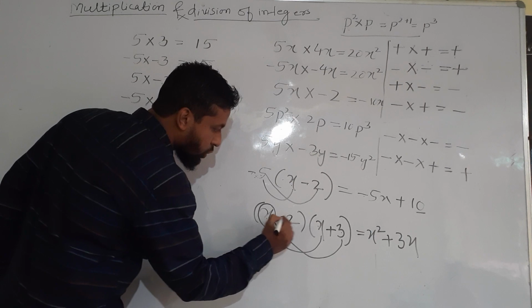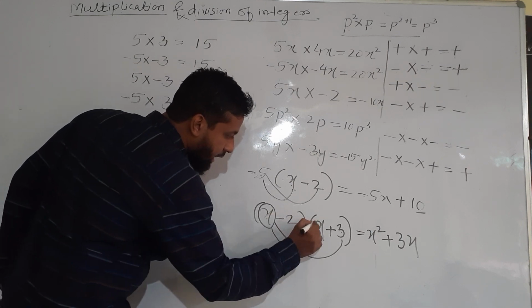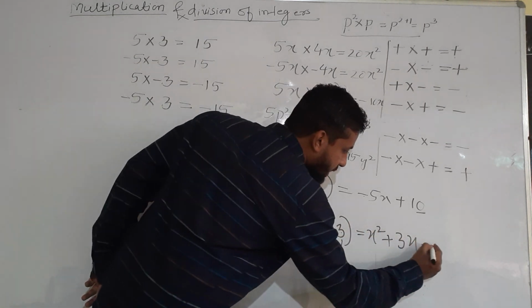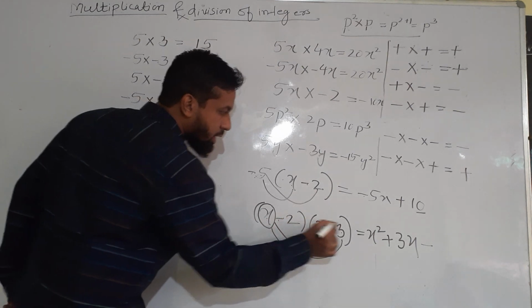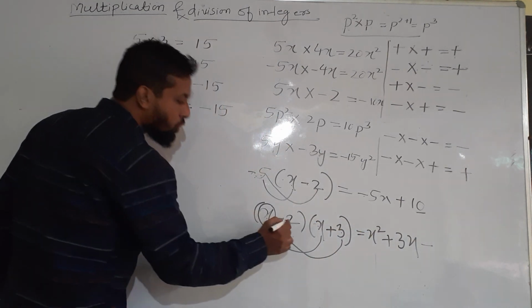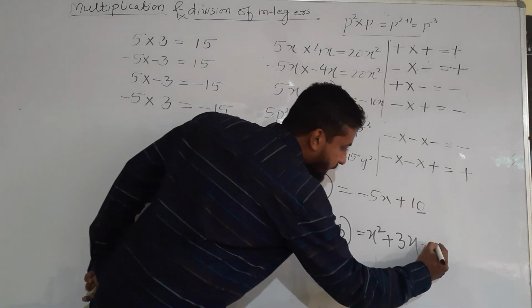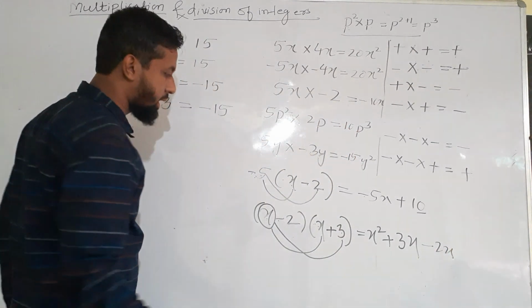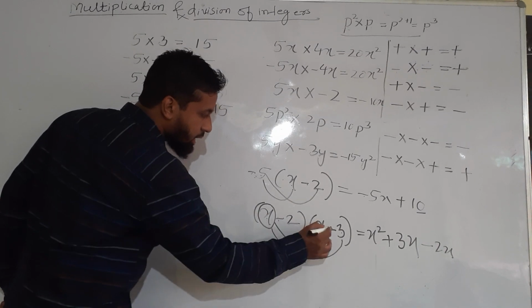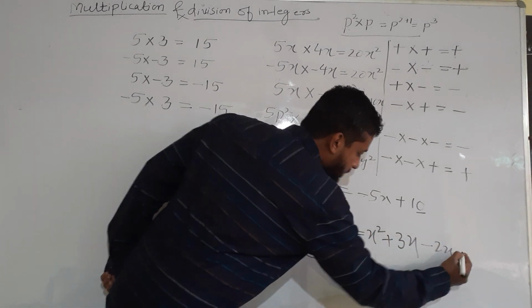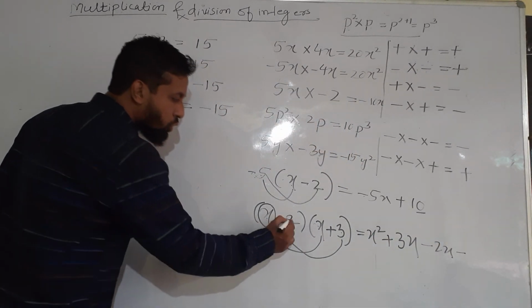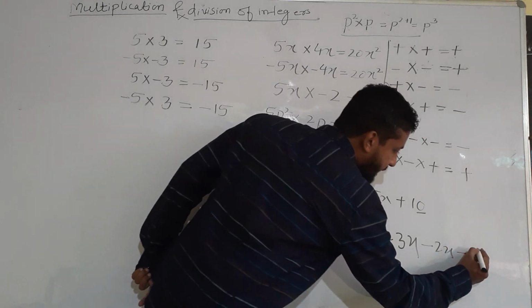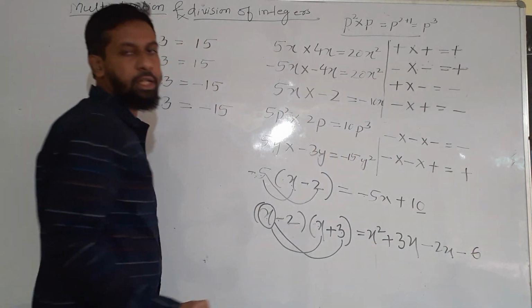Now, minus 2 into x, minus into plus is minus, 2 into x is 2x. And minus into plus is minus. 2 threes are 6. Solution is not over.